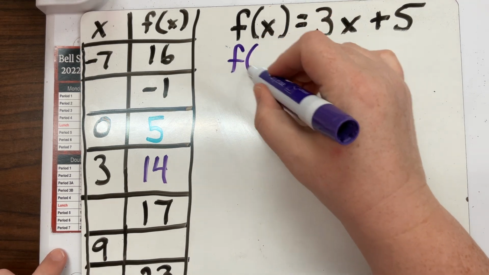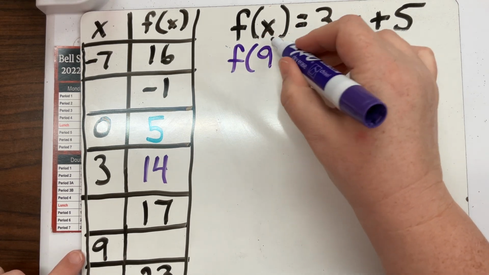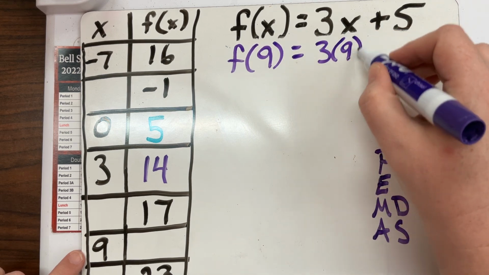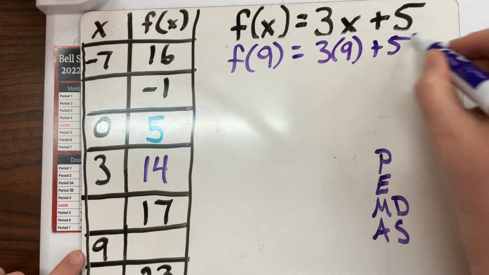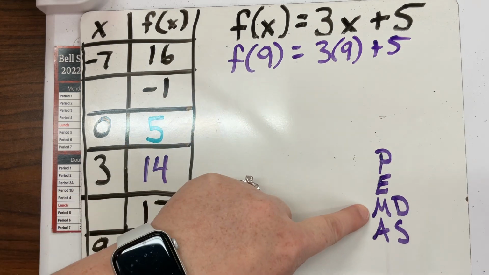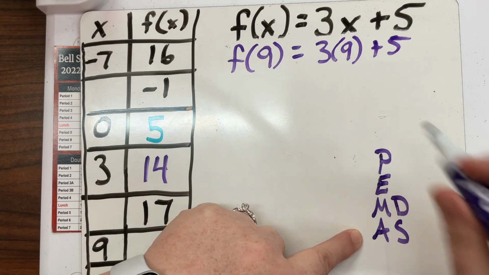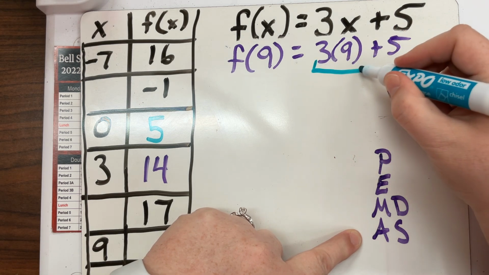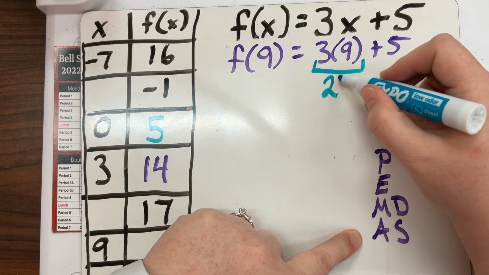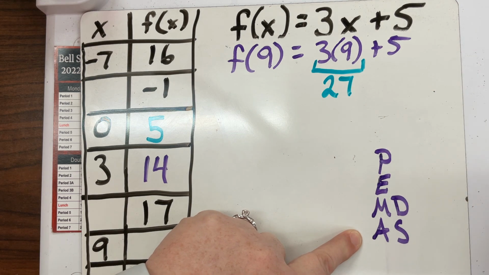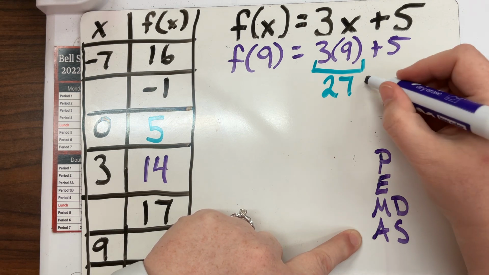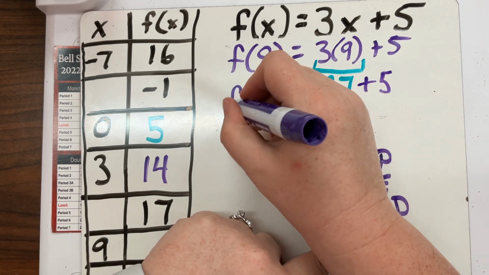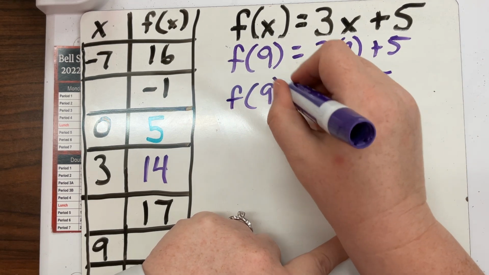So the function of 9 equals 3 times 9 plus 5. Multiplication comes before addition. 3 times 9 is 27. 27, when we bring this down, plus 5 equals the function of 9.